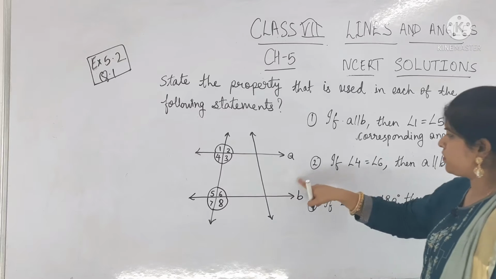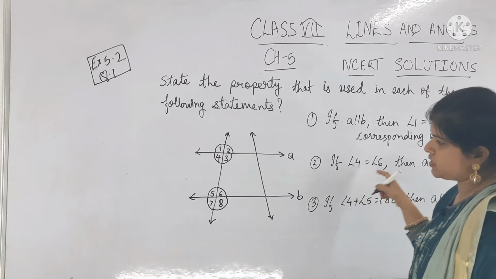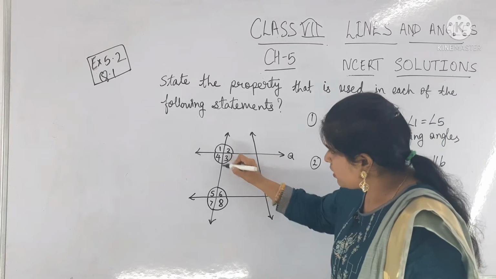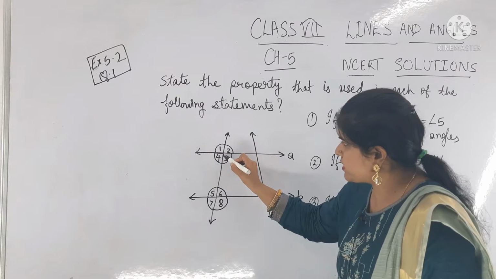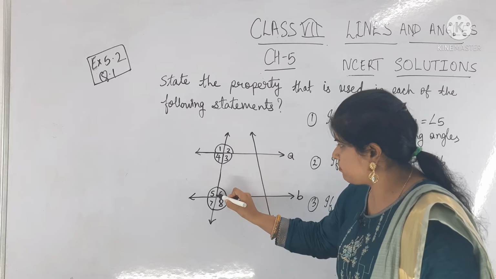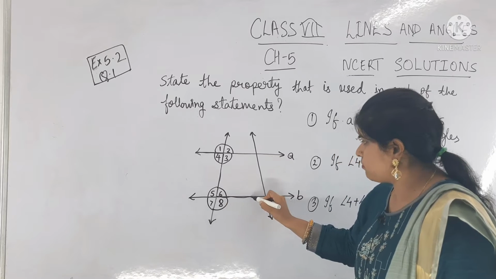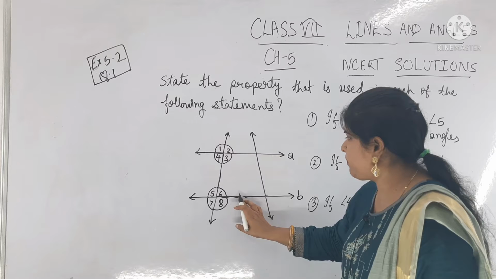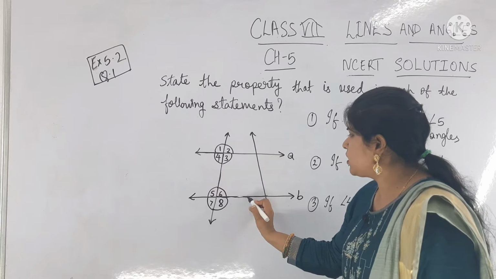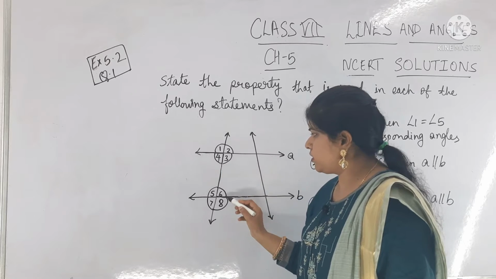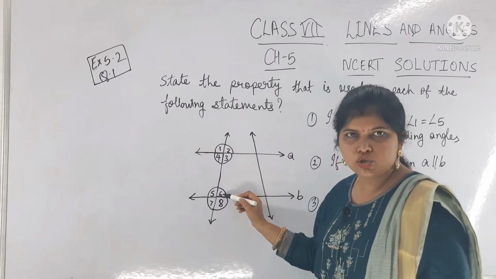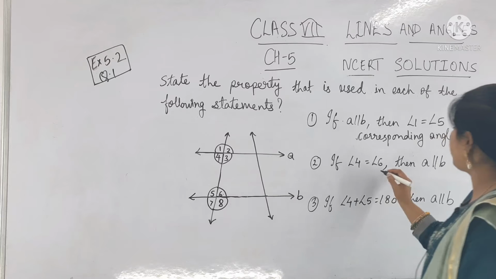Here number 2: if angle 4 is equal to angle 6, you can see this angle 4 and this angle 6 are making a Z here. I told you about this in my introduction video: if you make a Z, these are interior angles, so alternate angles.